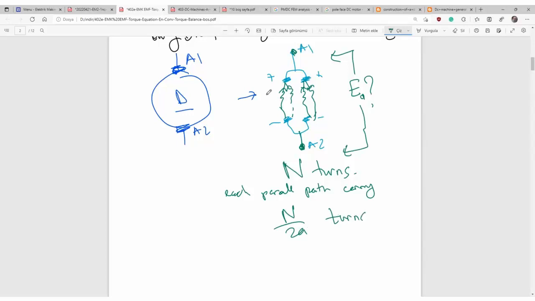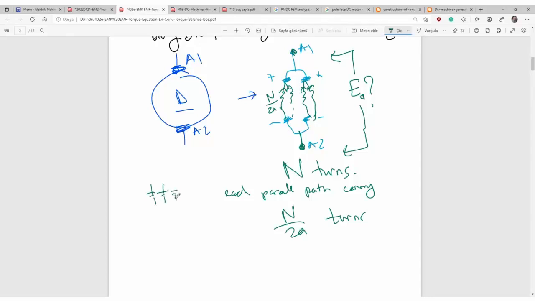Here N over double A. Let's say here are 4 poles, for example, and lap winding, so double A is 4. 1/4 of the number of turns in a parallel path, another 1/4 of a parallel path.